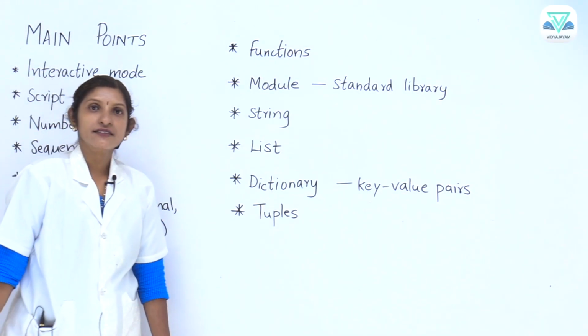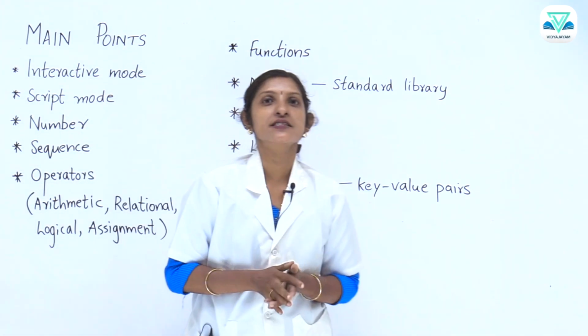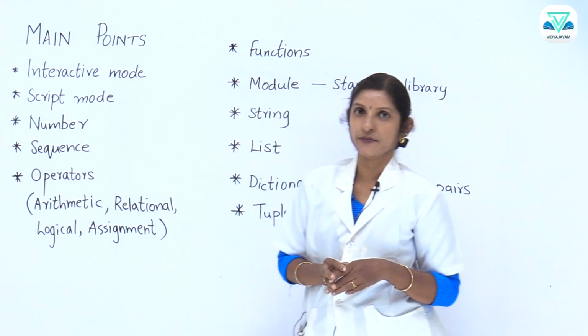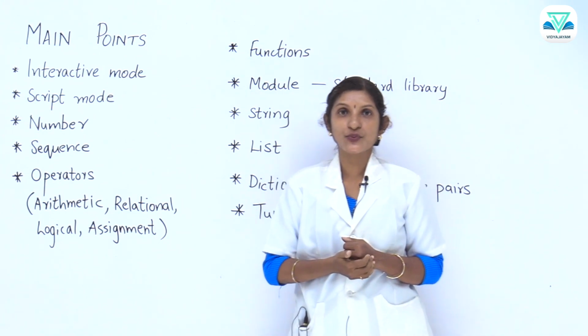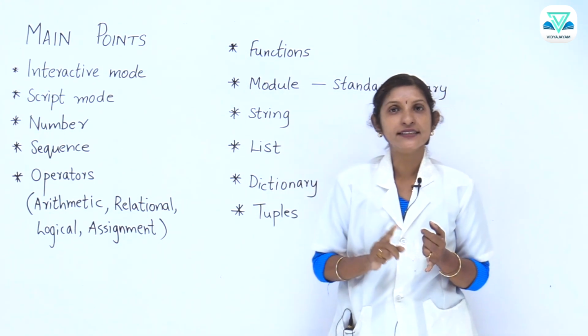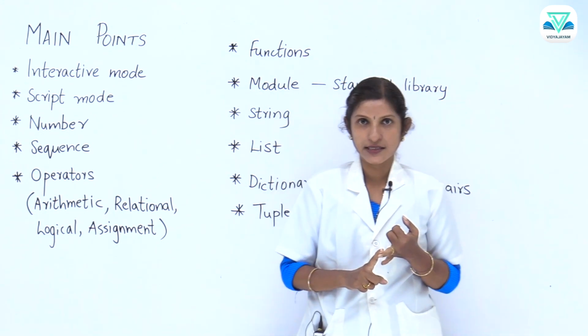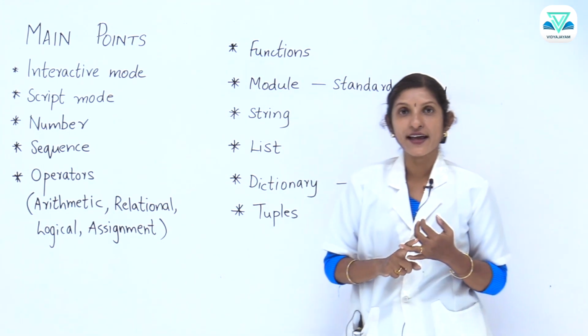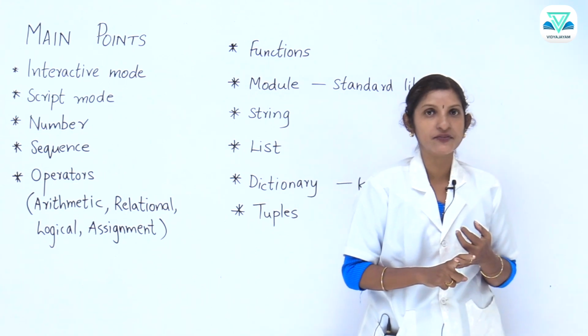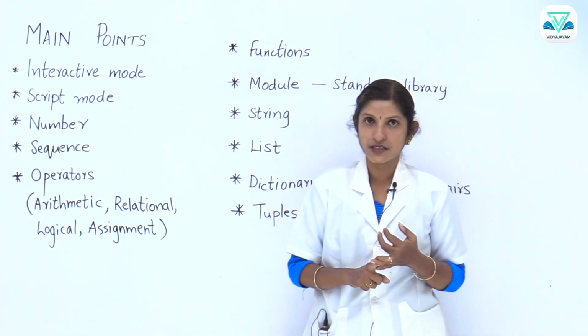Now let us have a recap of the important points which we studied in the first chapter. First thing which we studied is that the interactive mode as well as the script mode is available to us. The next thing is we have the number data type available to store numbers.